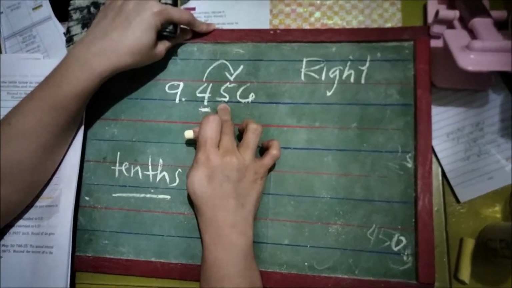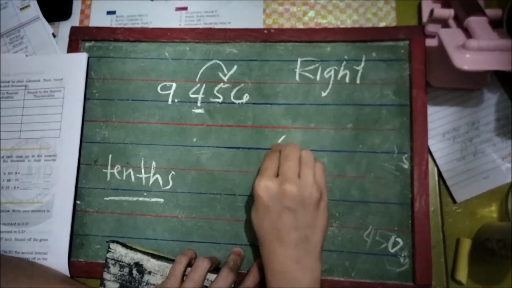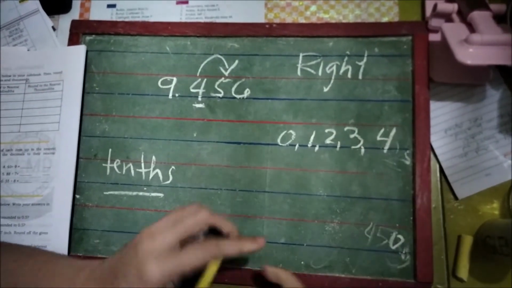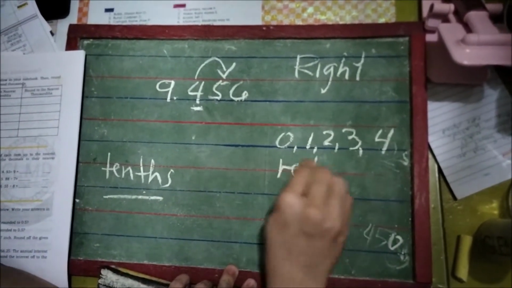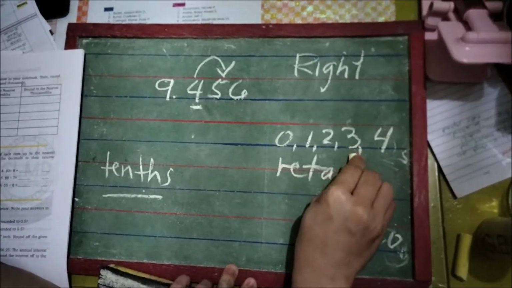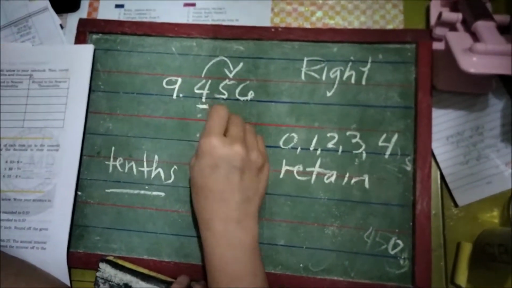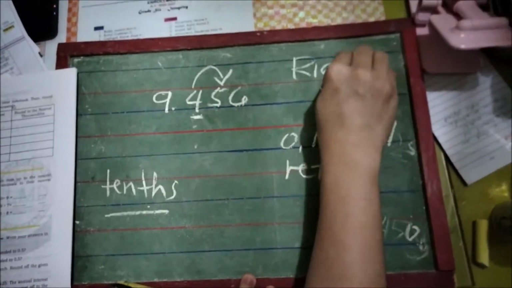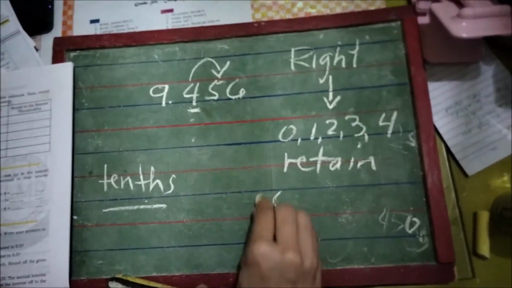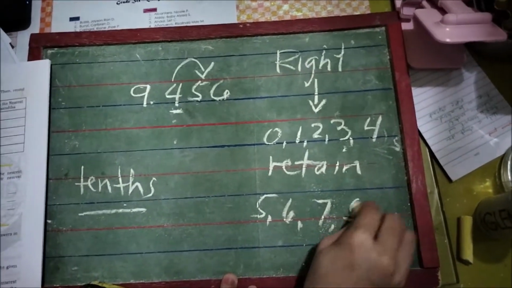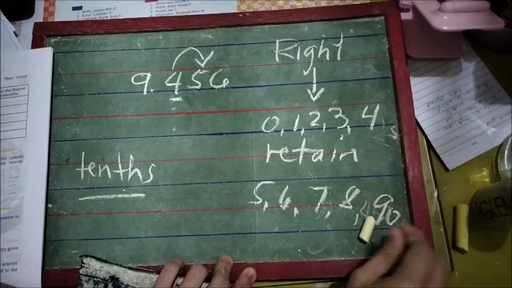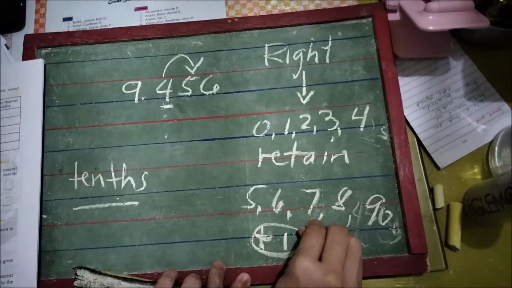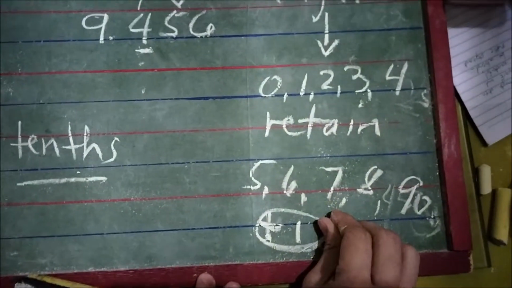Always remember, if the number on the right is 0, 1, 2, 3, or 4, you retain the number, meaning you do not change it. But if the number on the right is 5, 6, 7, 8, or 9, the number to be rounded off will be added by 1.